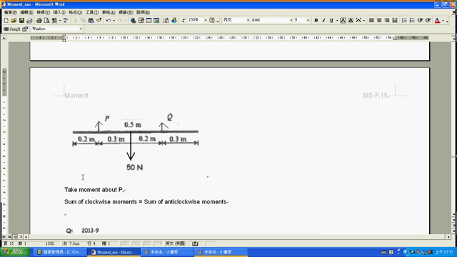So we take moment of P. Now there are only two forces which can provide moment about P. The clockwise moment is provided by the 50 Newton, so 50 times 0.3 equals the anti-clockwise moment, which is Q, and the moment arm is 0.5. So therefore Q equals 3 newtons, is it? Or 30 Newton? 30 Newton.